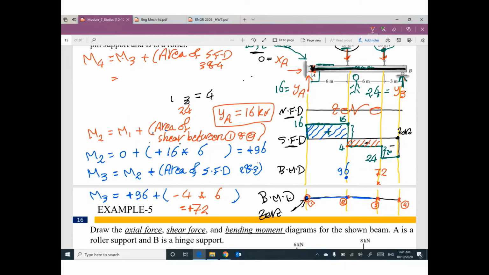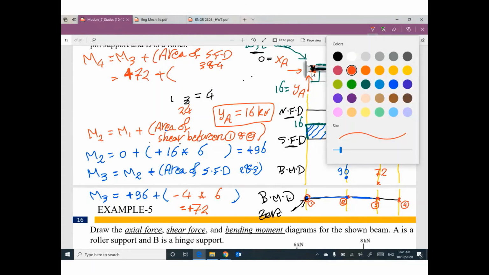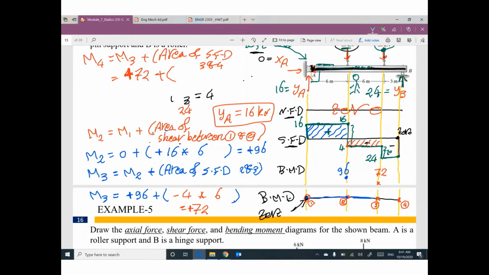It is positive 72 plus the area of shear between 3 and 4. We have this area between 3 and 4. This area is negative. How much? 24. It's a rectangle, times 3. Your value will be 0. That's fine. 0 is a value.